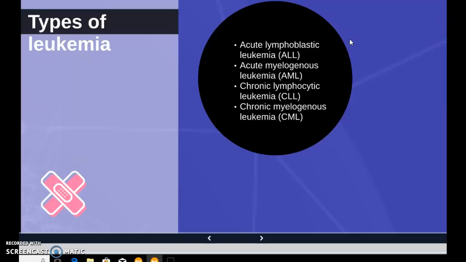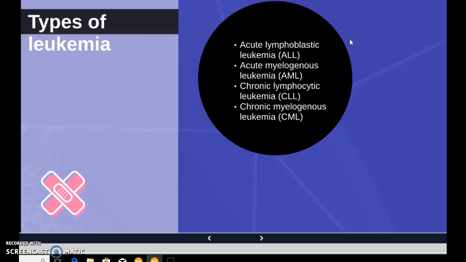Our acute leukemias are characterized by undifferentiated or immature cells. Usually it's a blast cell, and usually the onset of disease is abrupt and rapid with a very short survival time. Our 2 types of acute leukemia are acute lymphoblastic leukemia, or ALL, and acute myelogenous leukemia, or AML.